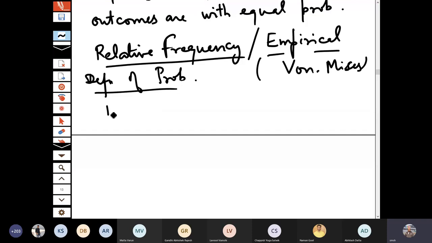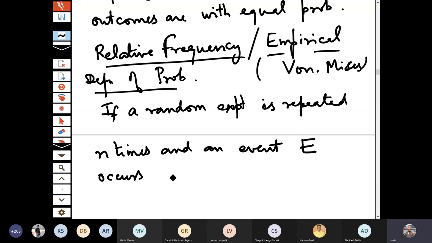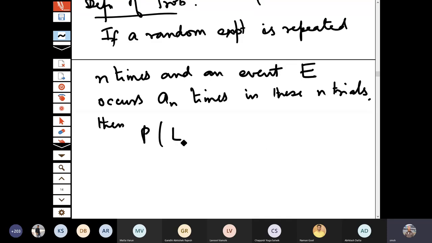So if a random experiment is repeated n times and an event E occurs a_n times, okay, then the probability of E is defined as the limit of a_n by n as n tends to infinity.